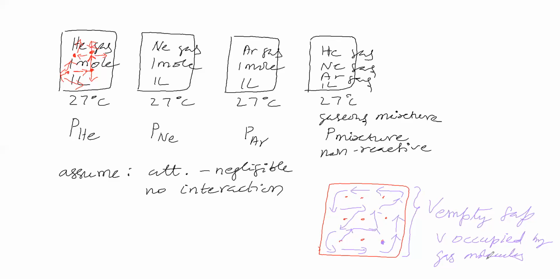Which is high, do you say? Volume of empty space is high, or volume occupied by gaseous molecules is high? Have you understood the meaning of volume occupied by gaseous molecules? See this gaseous molecule.